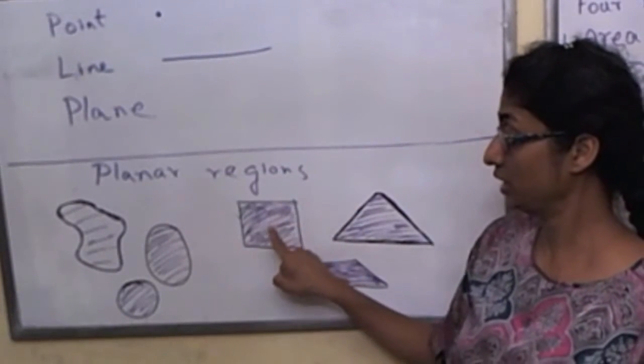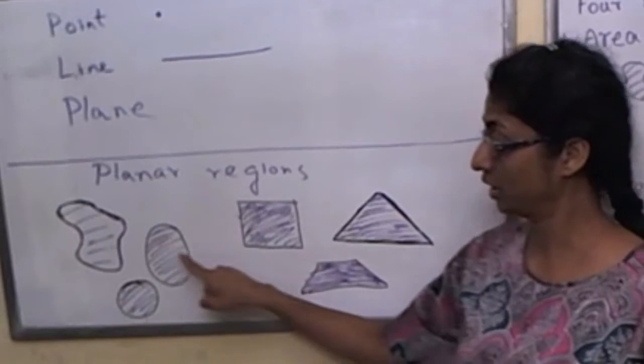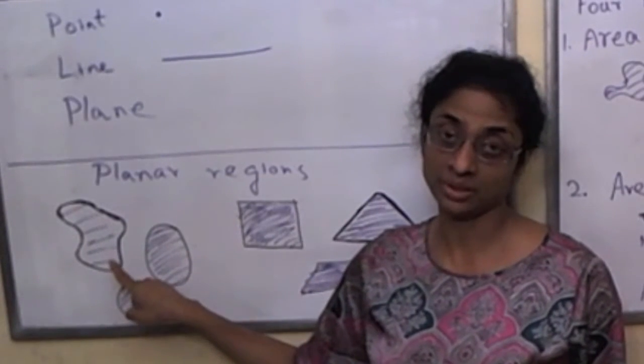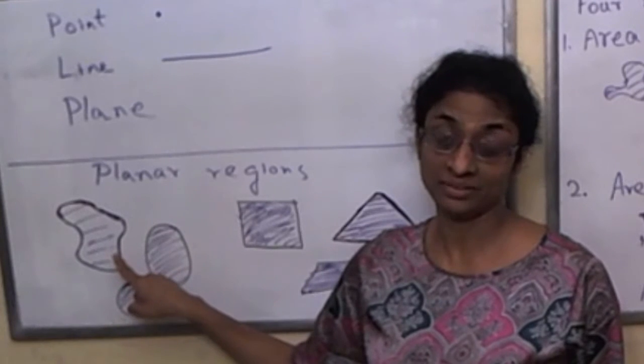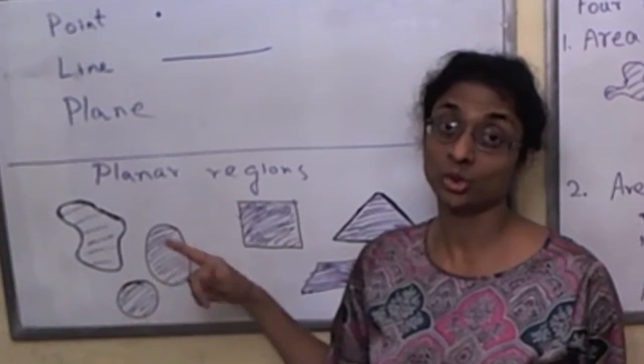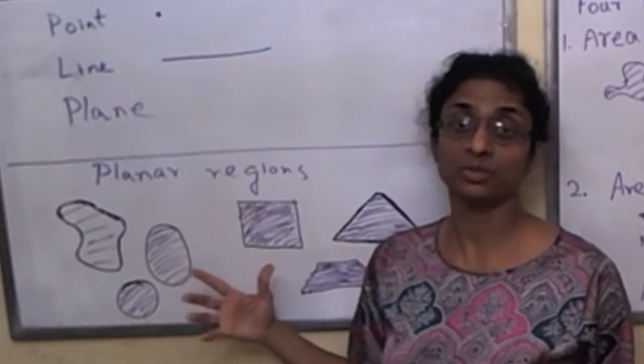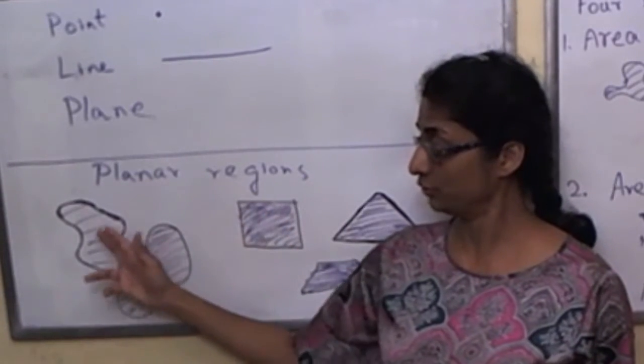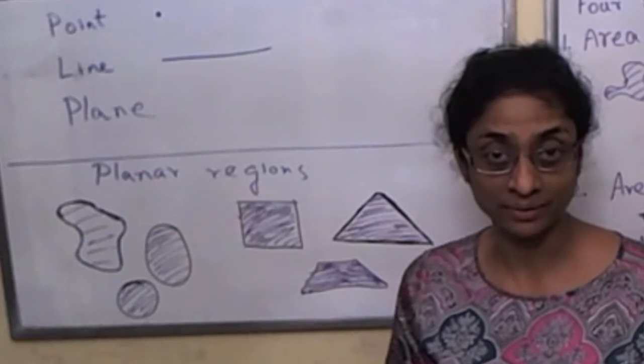Similarly, to each of these planar regions, I would like to associate a number to it, and we will be calling that number an area. So the question is, how do we go about assigning a number to each of these in a sensible manner?